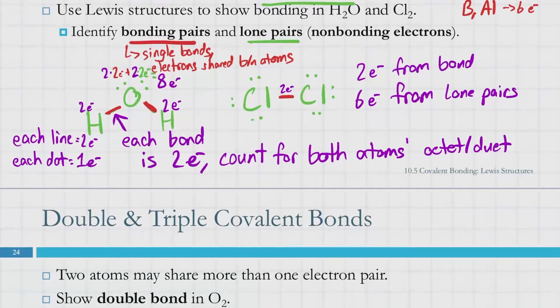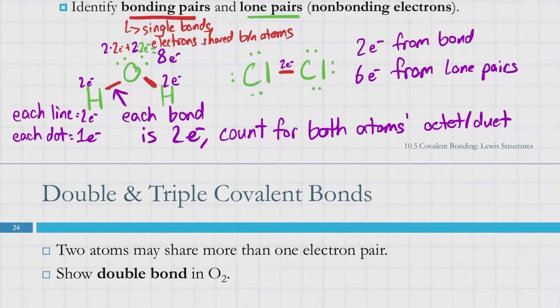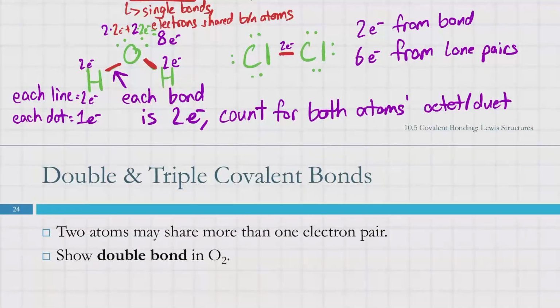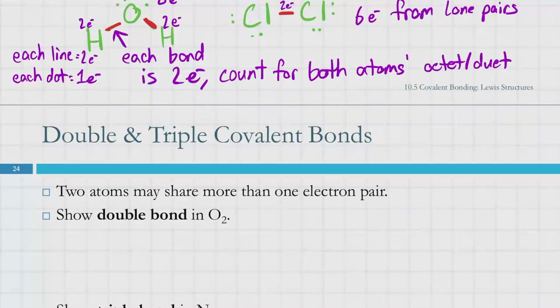We can also have double and triple covalent bonds, so they can have more than just one line between them. Two atoms can share more than one electron pair. For example, O2 forms a double bond, and we would also have some extra lone pairs.